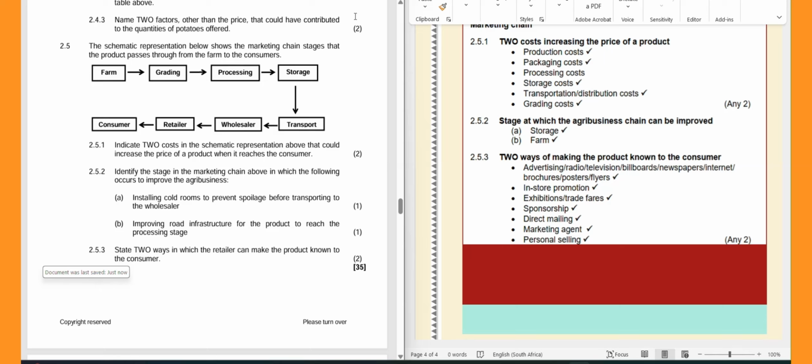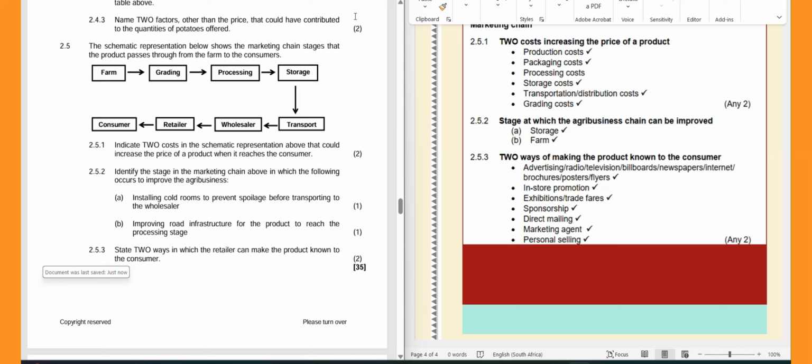2.5.3 State 2 ways in which the retailer can make the product known to the consumer. Okay, so here they want the ways in which we can communicate our product offerings to the consumer.